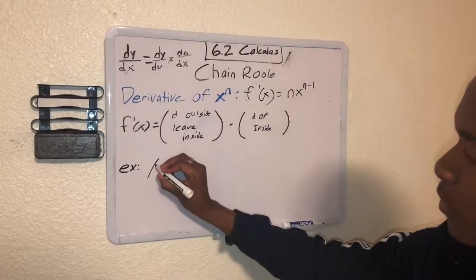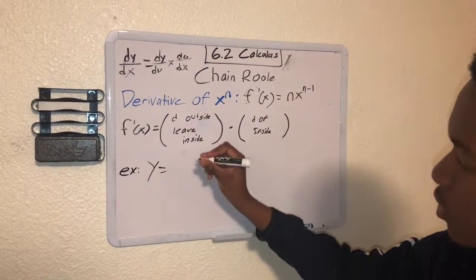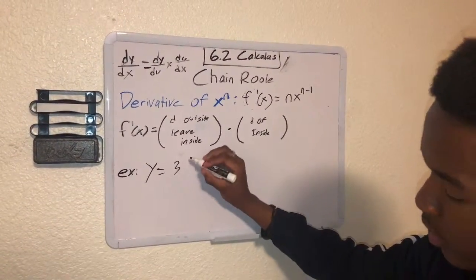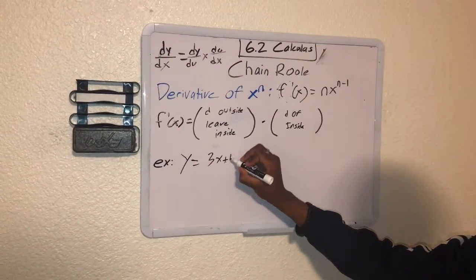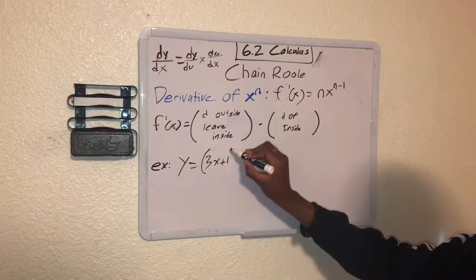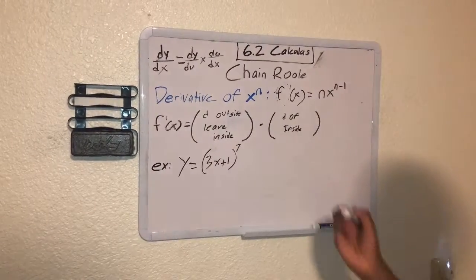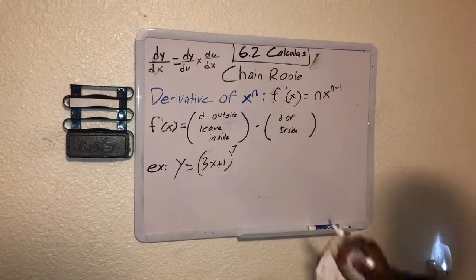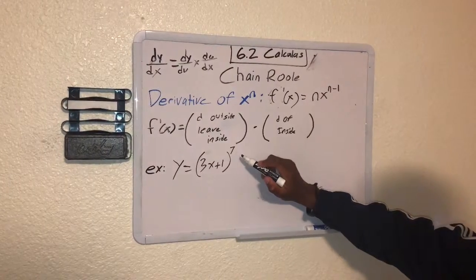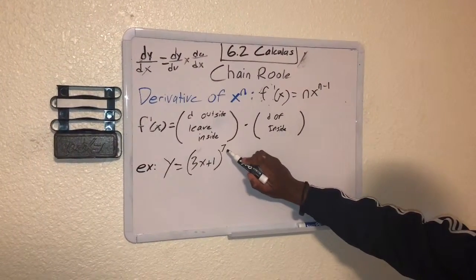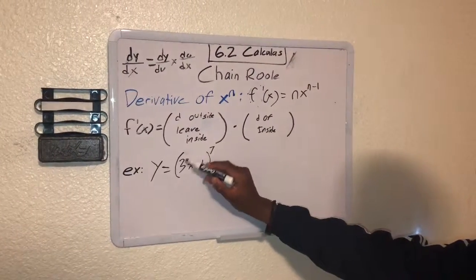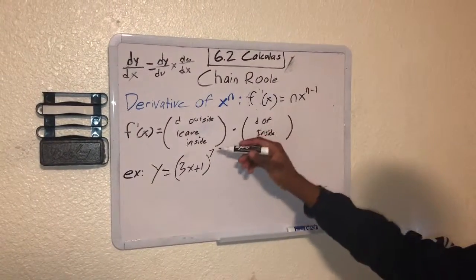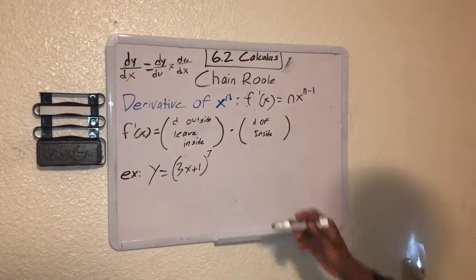Our example is going to be y equals 3x plus 1 to the 7th power. I'll show you what I mean by inside function. This 7, this exponent, is going to be our outside function, and inside here is going to be our inside function, because this is closed off and this is adding on to the function itself.